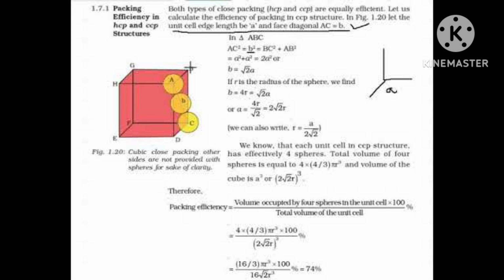At the corner A, the sphere is not fully within this space, it is going up also. Only R is in this space, not the full 2R. That is going to the other sphere, it is contributing to the other. That you have to think.